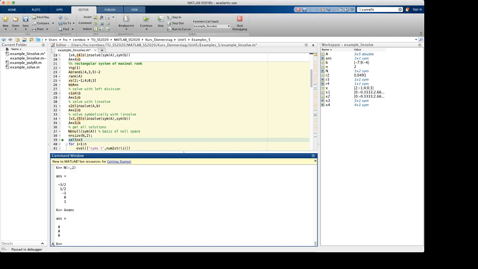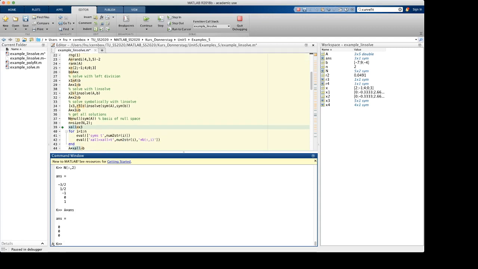This is also 0. So the vectors in the matrix capital N span the null space. Now we try to get all solutions.